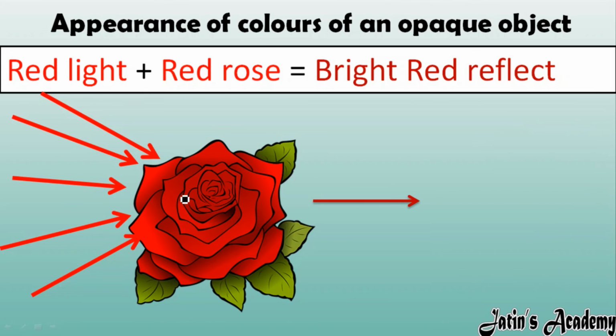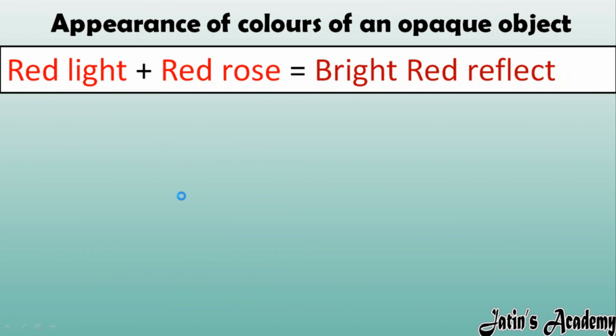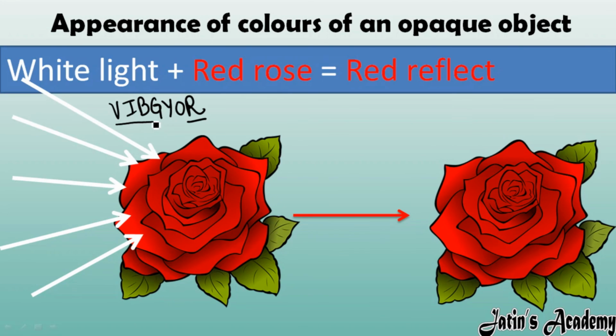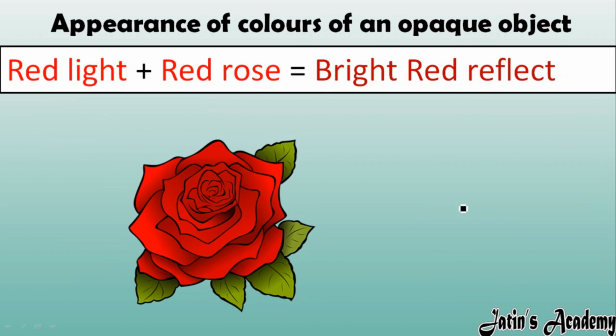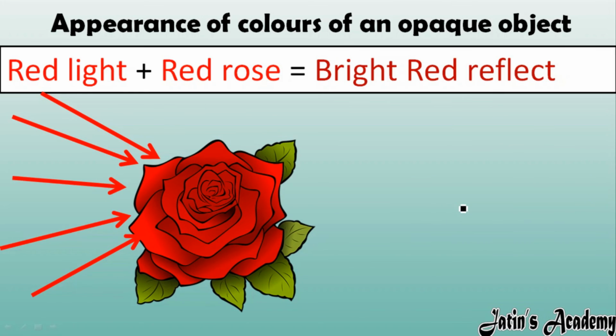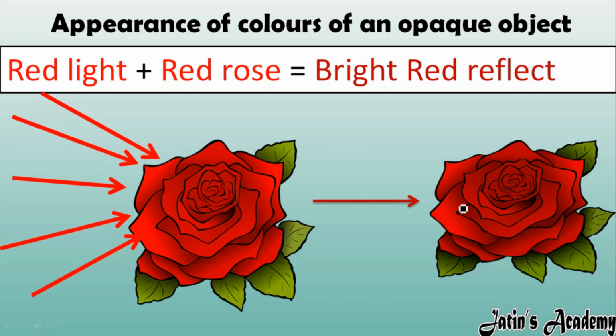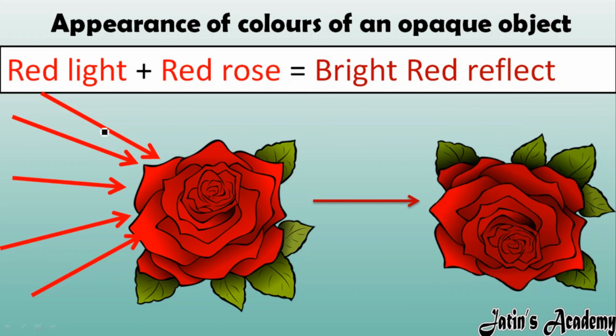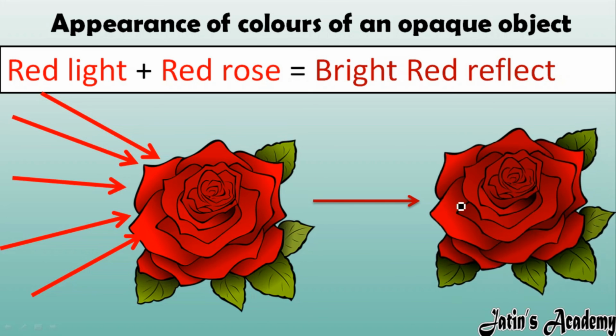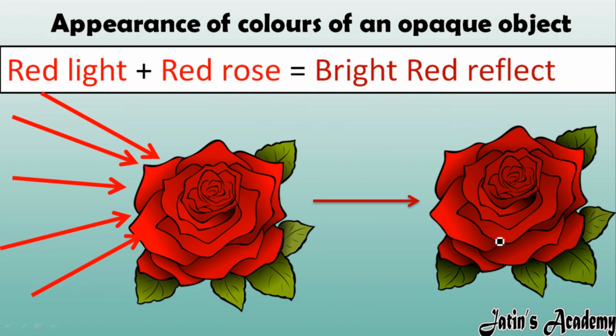As in the previous slide, you can see it was going to absorb other colors and only reflect the red light back. That is why we were able to see this rose as red only. But in this case, the rose is red and the light is also red, meaning this rose is not going to absorb any color. Not absorbing any color means the red light is reflected fully, so we are able to see a bright red rose.